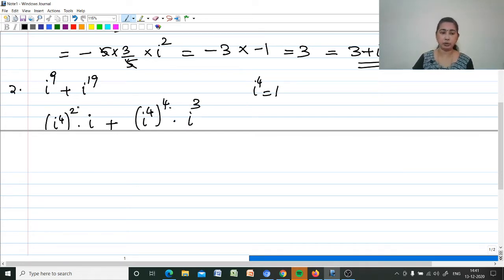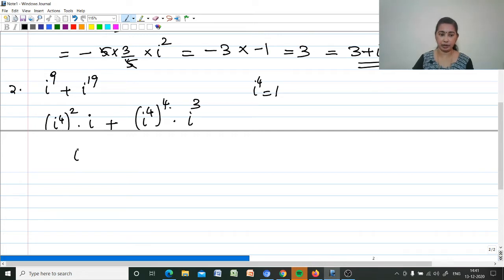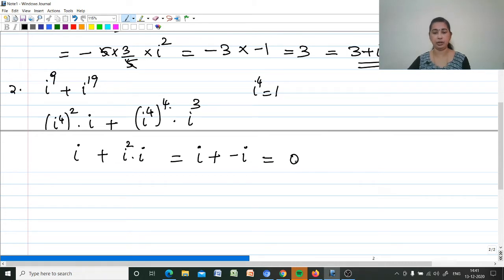And i raised to 4 is 1. So remaining we are getting i plus, again, i raised to 4 is 1, so 1 raised to 4 is 1 itself. Then i cube. What is i cube? i cube is i square into i, that's equal to i square is minus 1, so minus i. And i minus i is 0, and writing in the complex number form, 0 plus i0.